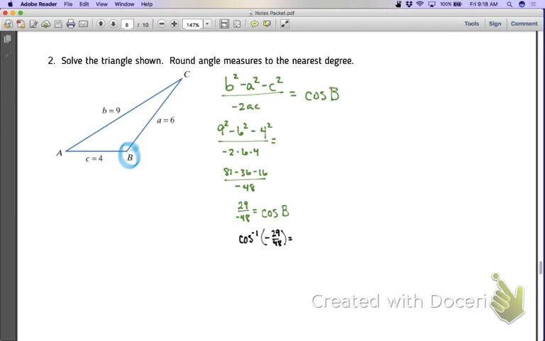So whenever they go inverse cosine, they have negative 29 divided by 48. They're going to get an answer of B is 127 degrees. 127.1688, all that jazz.